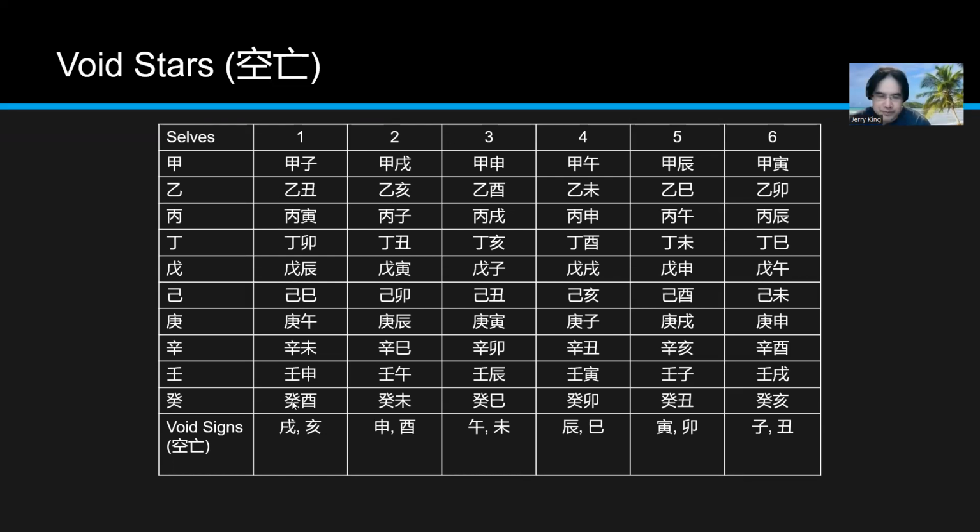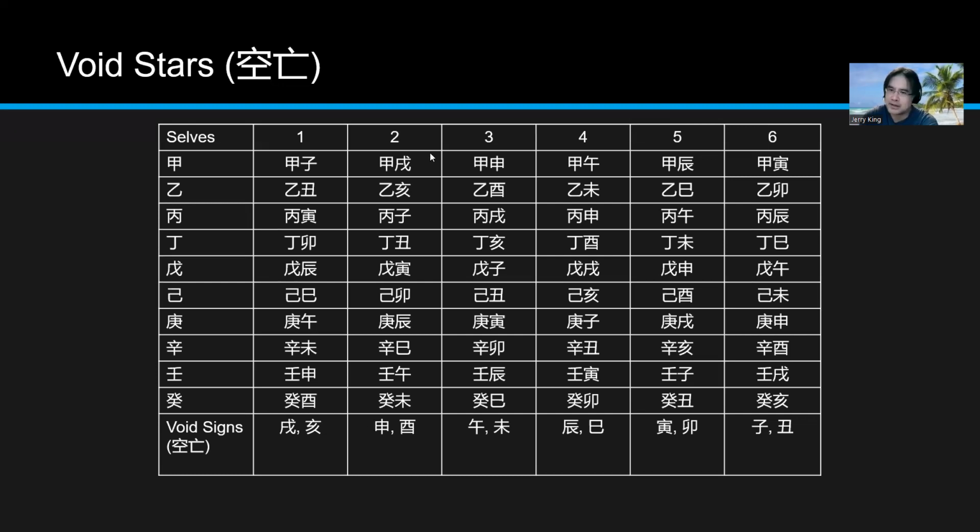So you got gui, right? So you got 甲乙丙丁戊己庚辛壬癸. And then it stops right there. So you got the monkey and the rooster, and then after the rooster is the dog and the pig. That's how you identify within this specific pattern that the void is the dog and the pig, right?